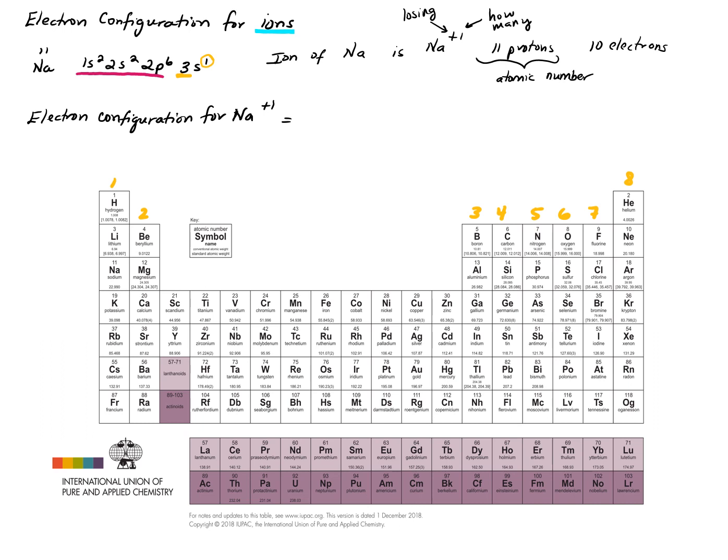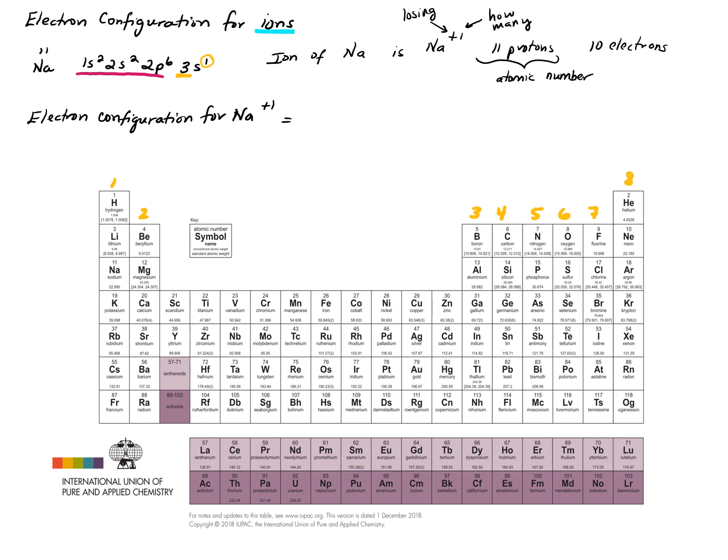The number is telling you how many electrons it's losing. So the neutral atom of sodium, with the same number of protons and electrons, will have 11 protons, 11 electrons. Sodium +1, losing 1 electron, will still have 11 protons, because that's your atomic number for sodium.